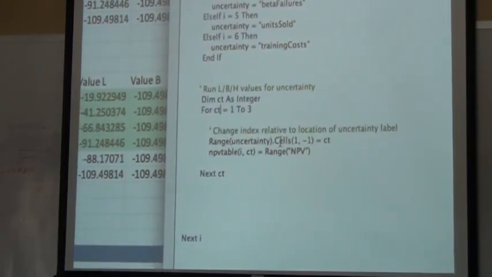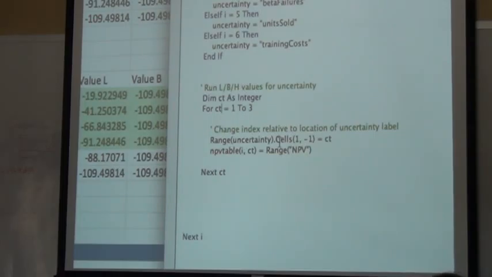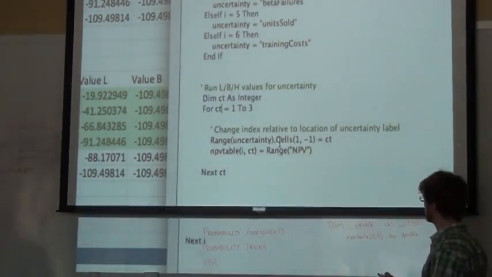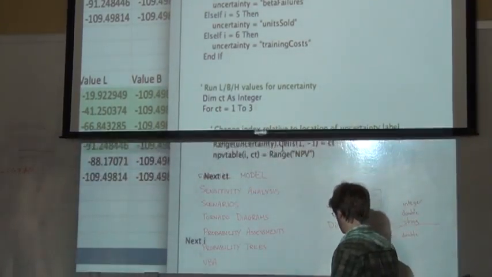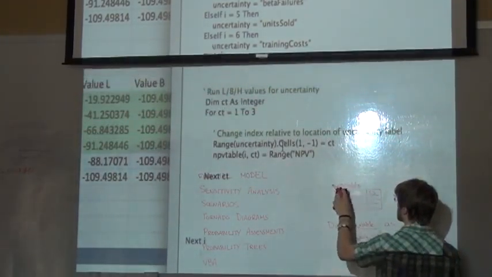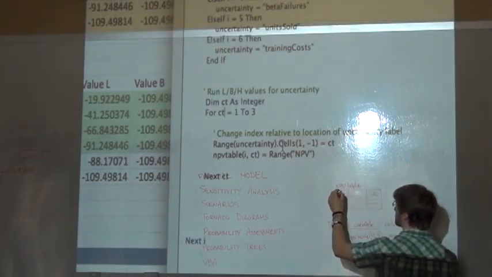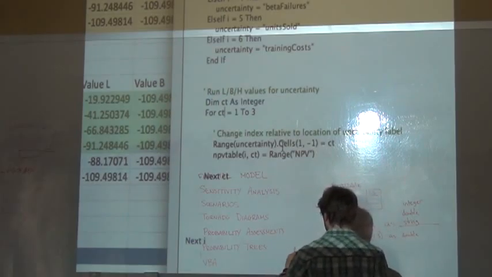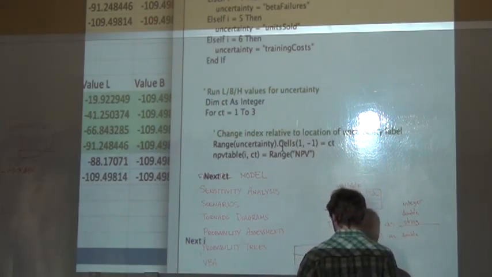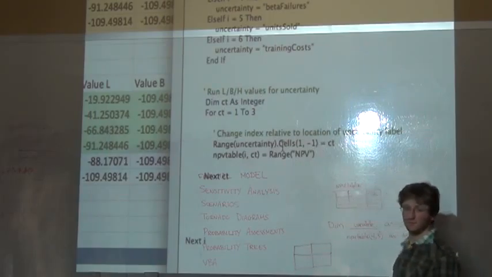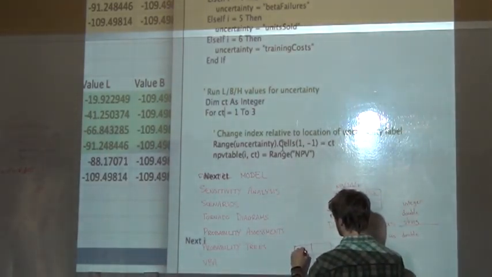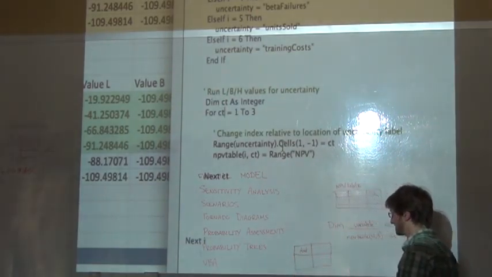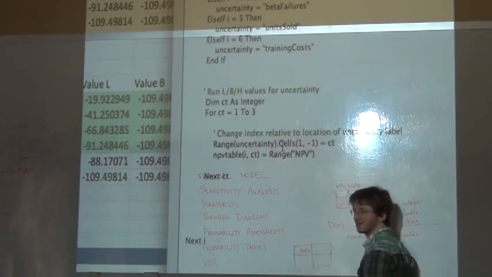This dot cells allows you to change a number relative to it. So if we have our data table here, living in Excel, and let's say this one is called Andy.